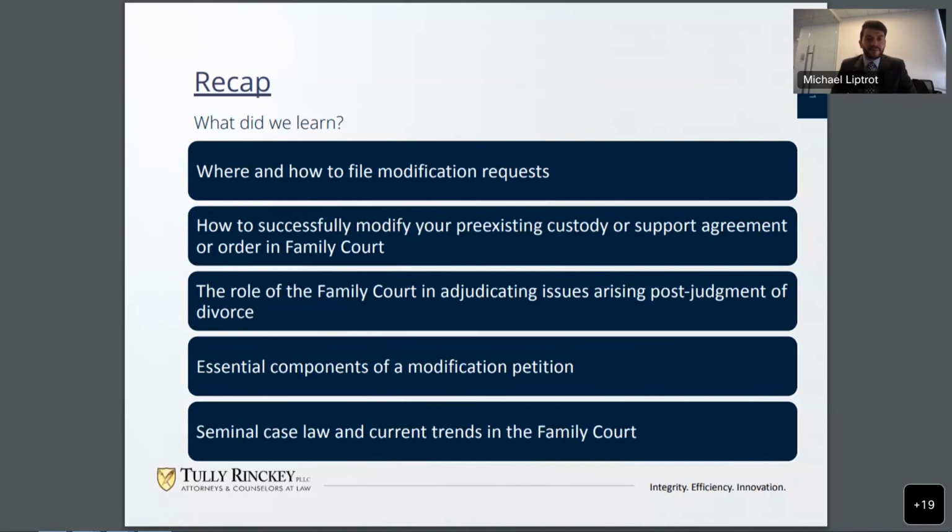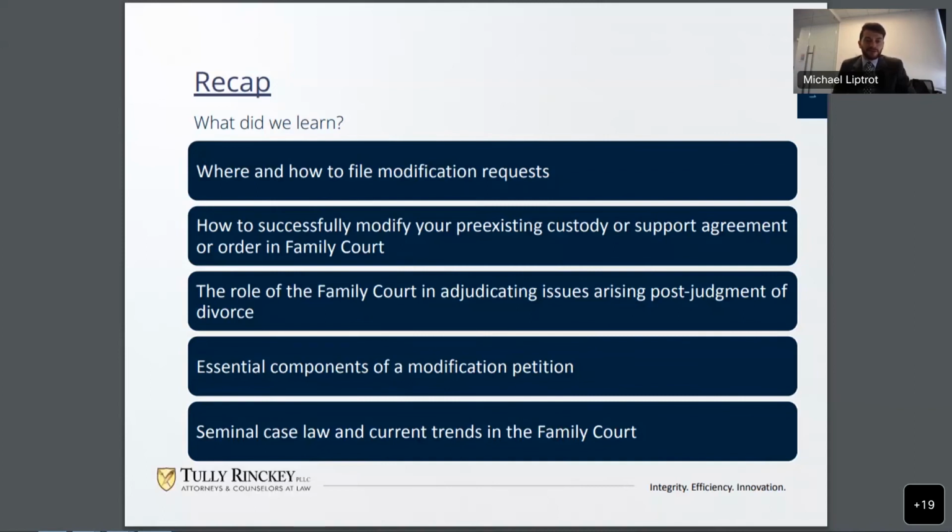That's going to be by petition, and we took a look at those petitions, and you want to make sure that your pleadings are fully fleshed out as far as the substantial change in circumstances and the best interests. You want to convey that in your pleadings.